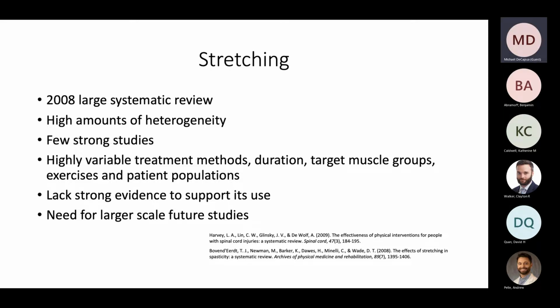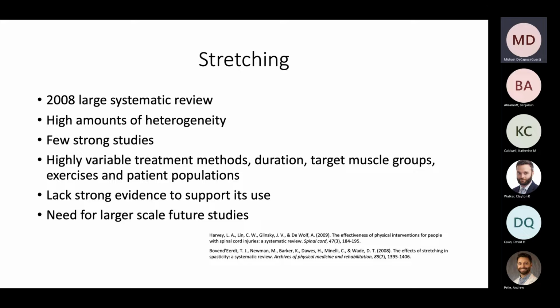Overall, their main takeaway was that there was not strong evidence to support its use, and that there should be more studies on this large a scale to direct management for stretching. Again, this is generally used as part of an interdisciplinary approach, and some patients do have great benefit from passive range of motion stretching.